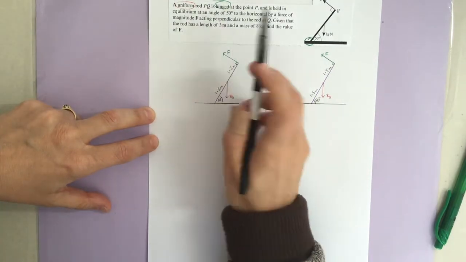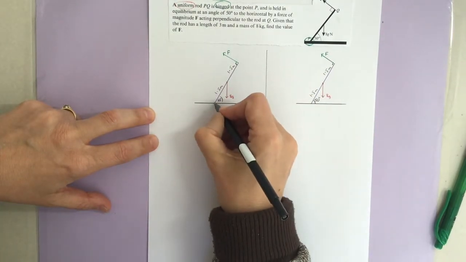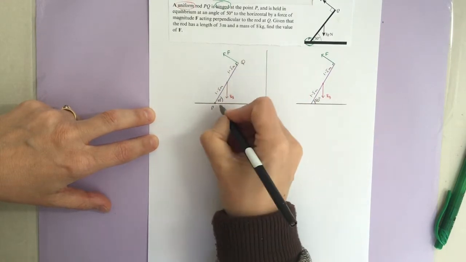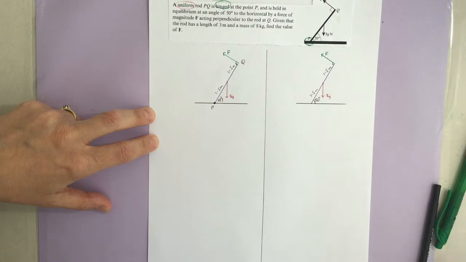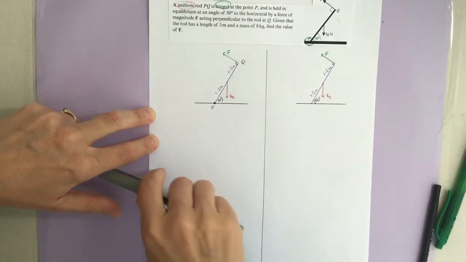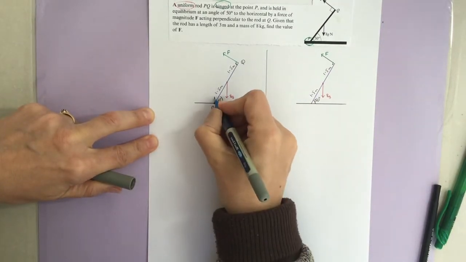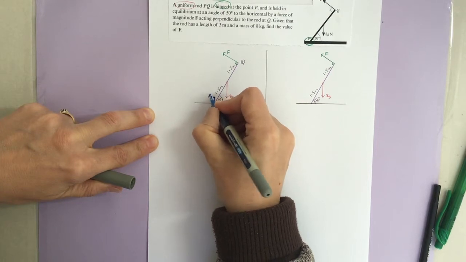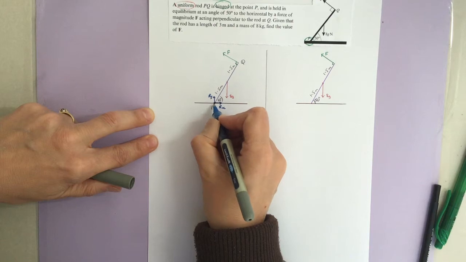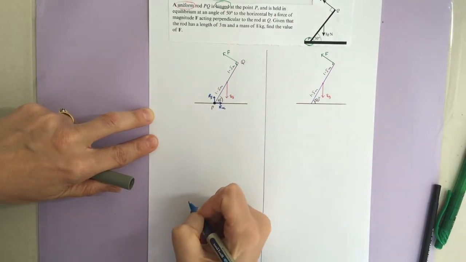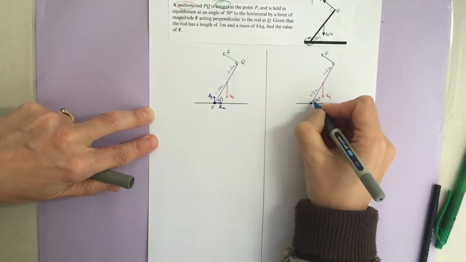It says it's hinged at point P, and this is my point P. So it's hinged here. If I'm looking at the reactions at that point, because it's hinged, I've got a reaction force in the y direction and a reaction force in the x direction. It's not just leaning on the floor, not just resting, it's hinged at this point. So that's what's happening there. I'm just going to put that on both of my diagrams.